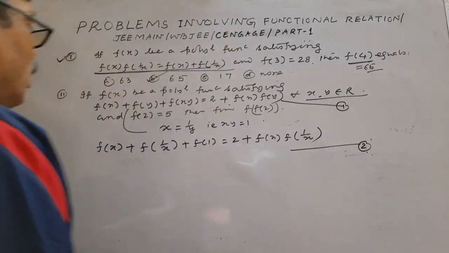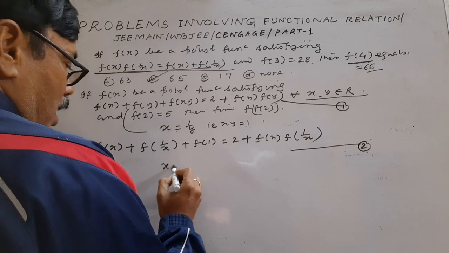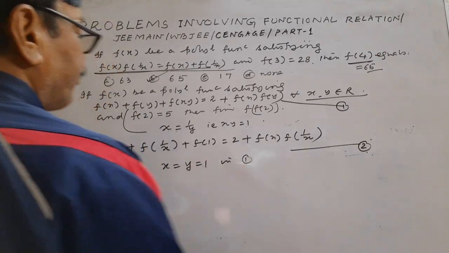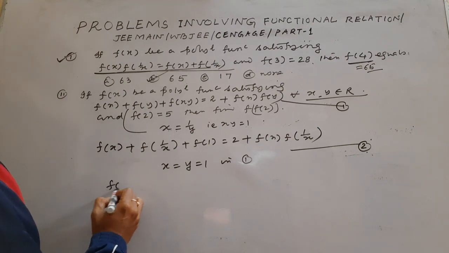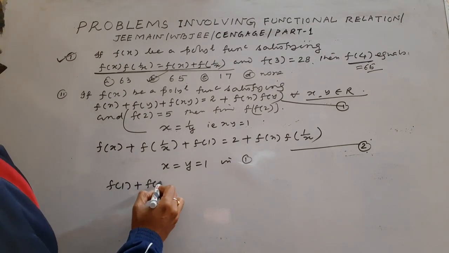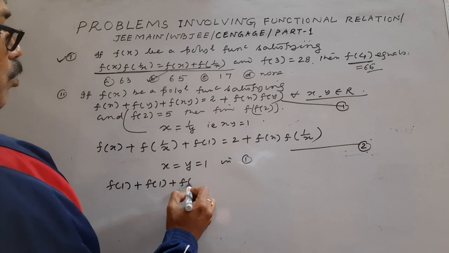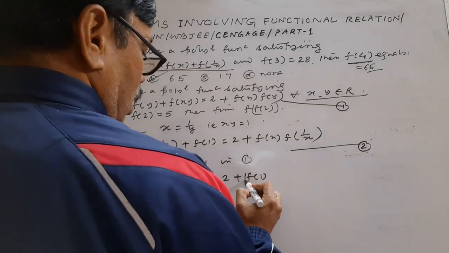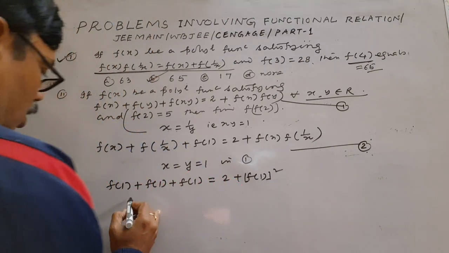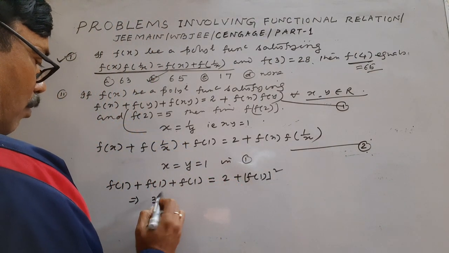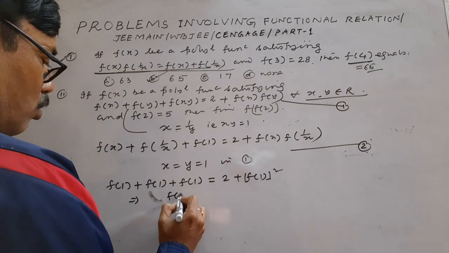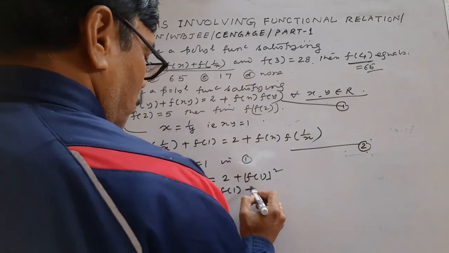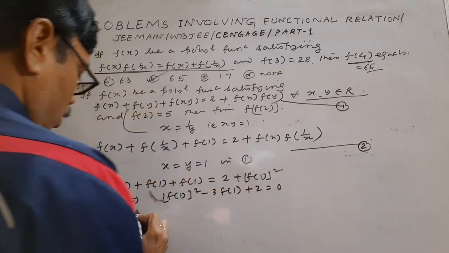To get f(1), we put x = 1, y = 1 in relation 1. So f(1) + f(1) + f(1) = 2 + f(1) whole square. So 3f(1) = 2 + f(1) square, that is f(1) square minus 3f(1) + 2 = 0.